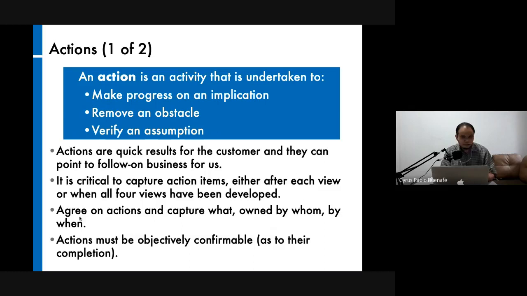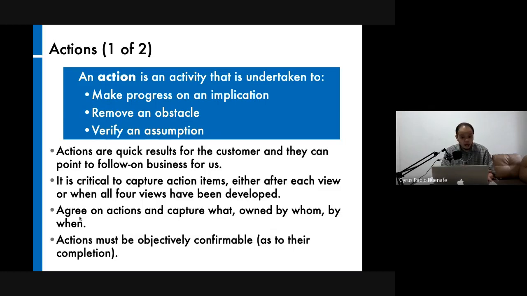If you look at tasks, you have to answer: what's the task? Who should do it? And when should it be done? Very simple. And actions must be objectively confirmable. There shouldn't be any gray areas. Did you actually do this action? Or can we say this action is completed? There should be clear criteria on when to say that the action has been done or not.